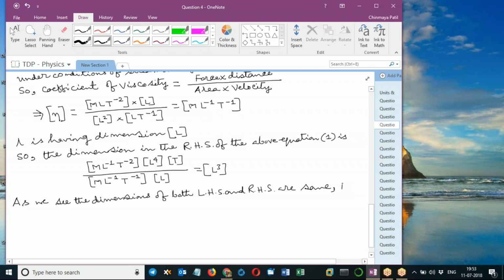The equation is dimensionally correct. Correct?